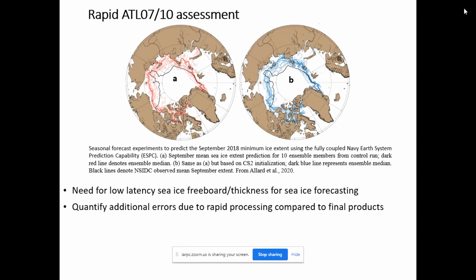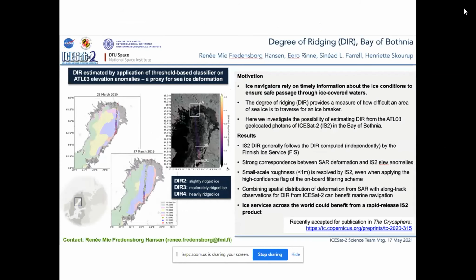So what we wanted to do was assess how good the rapid freeboard and thickness data that ICESat-2 could produce are, and whether there are errors inherent in the rapid processing. And again, some other motivation. Here is a slide shown at the ICESat-2 science team meeting last week, from a recent paper that Sinead Farrell was involved in, and she passed this along.